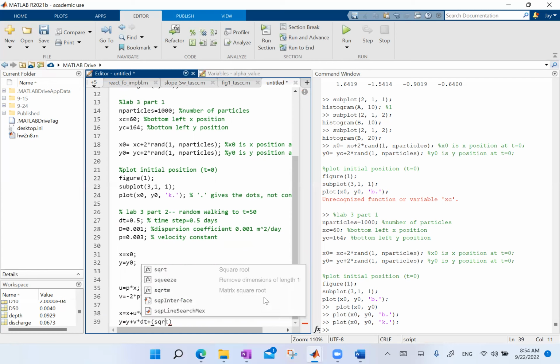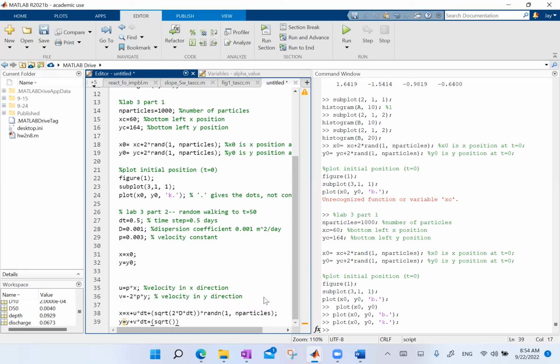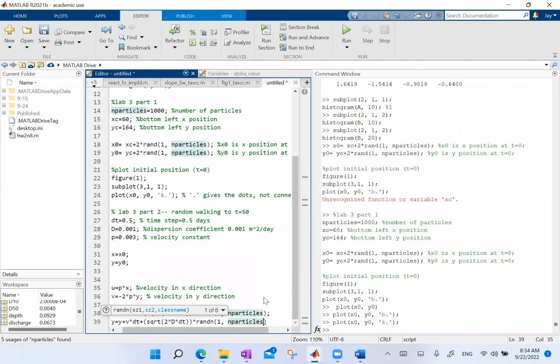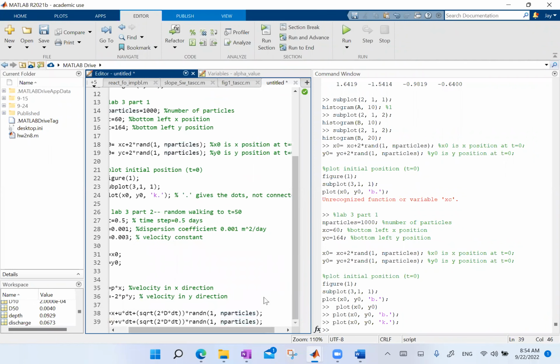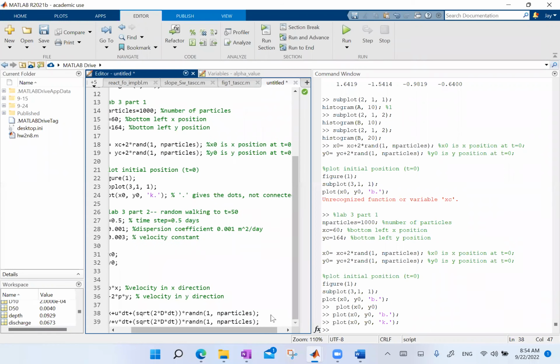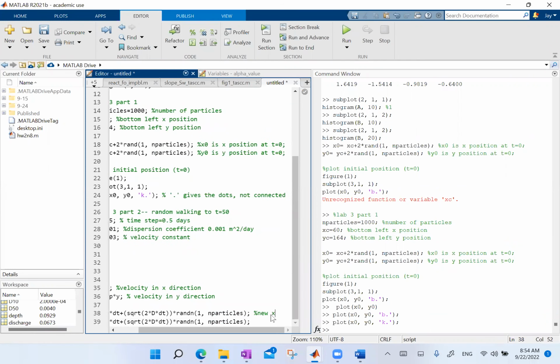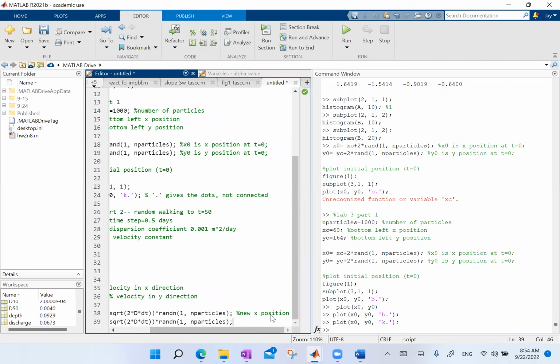In this case, we have square root of 2 times D times time step dt, and then we multiply by eta. Again, it's a normal distribution. So randn, 1 comma number of particles. So this is a new x position. And the second one is going to be new y position after each time step.